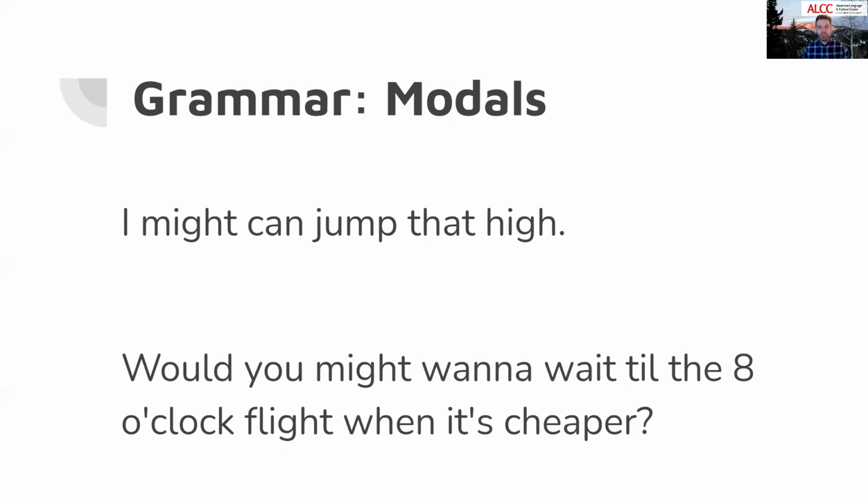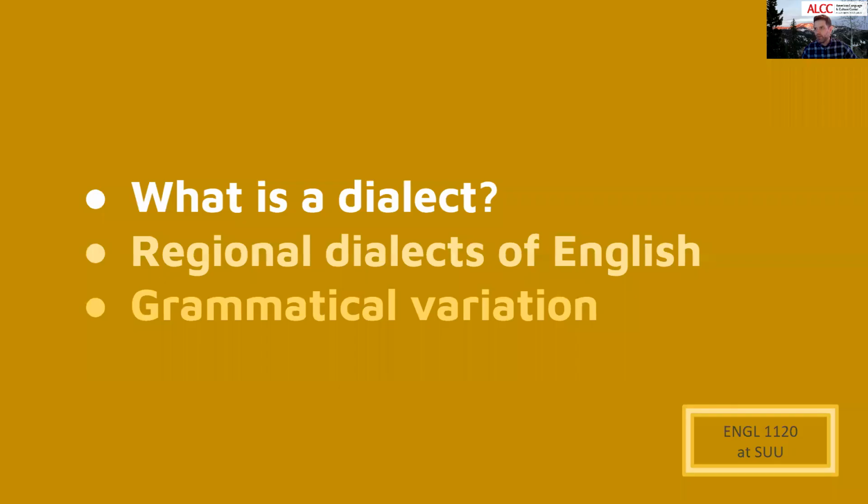If we want to enter a community where it may be stigmatized, we may want to consider how we want to adjust our language to best approach our audience. So we talked about what a dialect is. We talked about how regional dialects may form and some of the differences between them, especially focusing on grammatical variation.